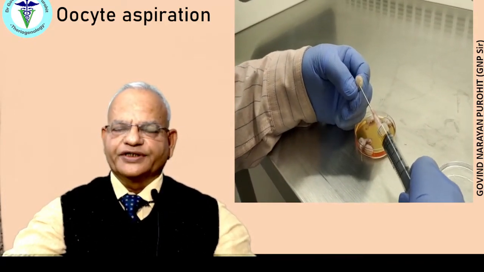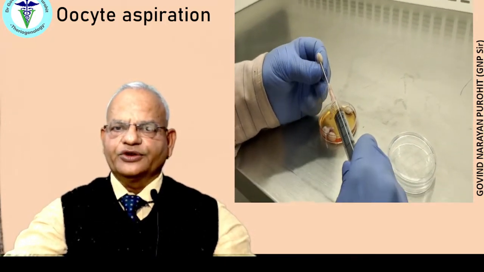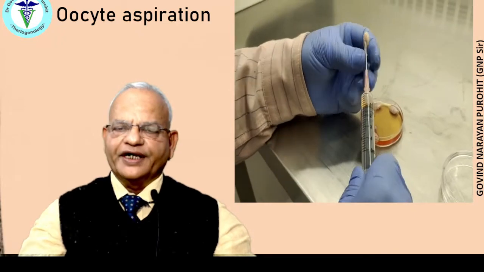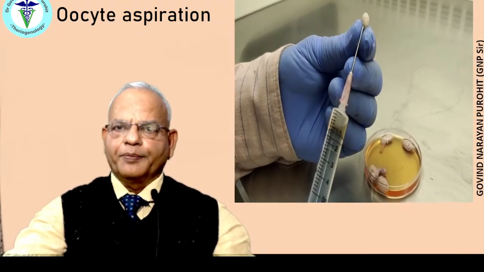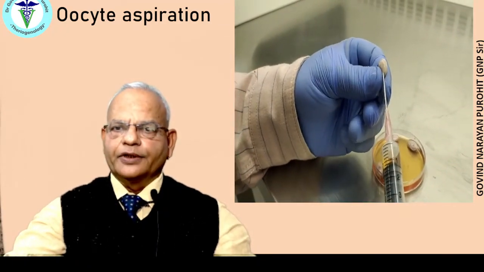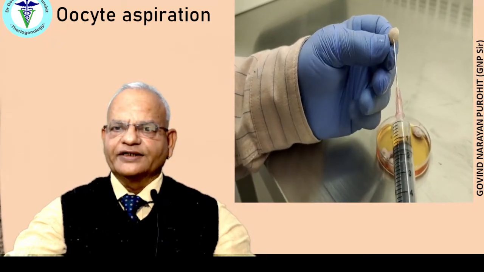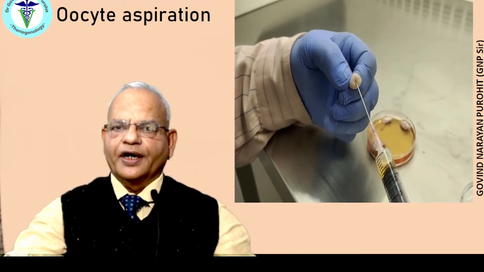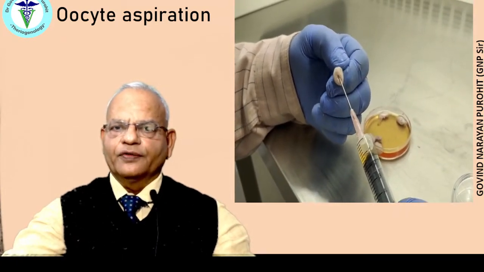Now you can see a lot of oocytes on the ovaries, and you can collect each one of them by rotating the needle while being inside the ovary, and be careful not to pierce the ovary. You can see that when the follicle is aspirated, the follicular fluid comes inside, and there is a depression on the ovary.